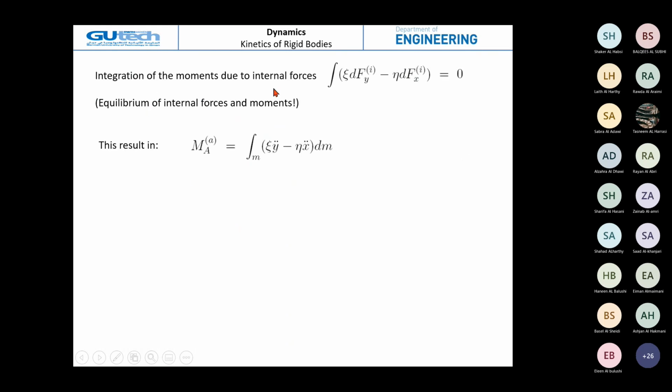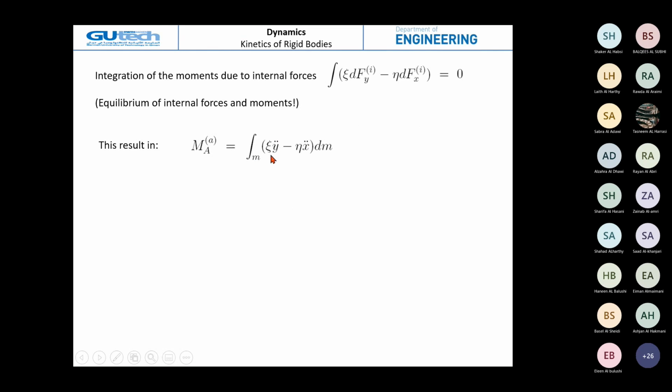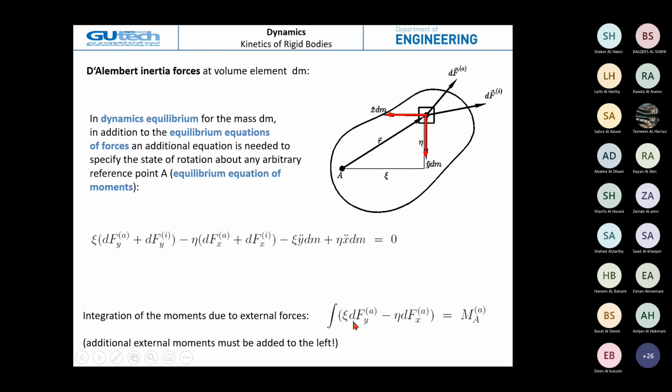Now, if we integrate the moment due to the internal forces, we indicate the same principle. We write I here, and this will be equal to 0. Then this result brings us to the following relationship: M_A equals x F_y^A minus η F_x^A.